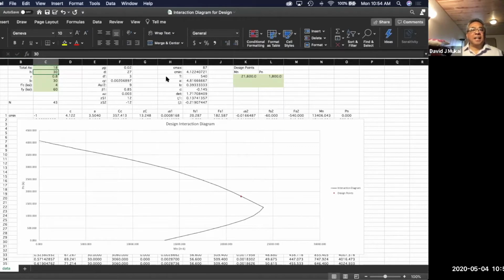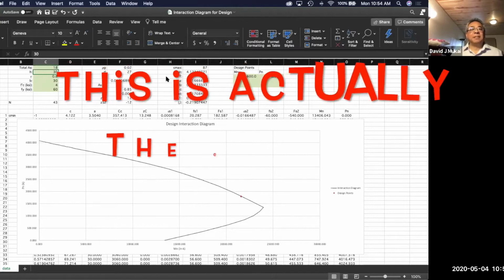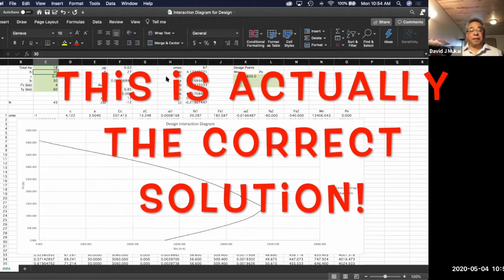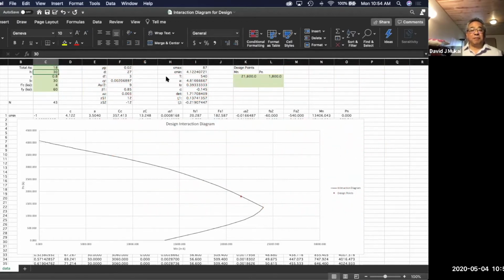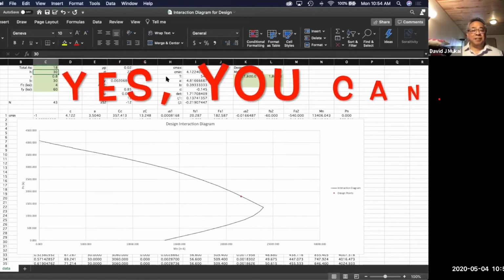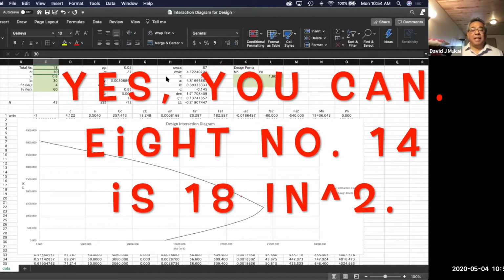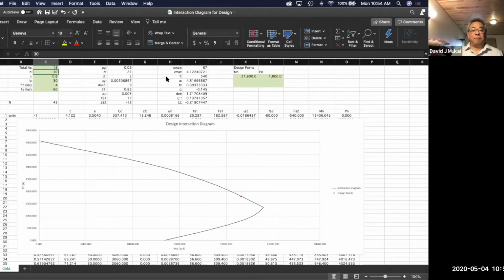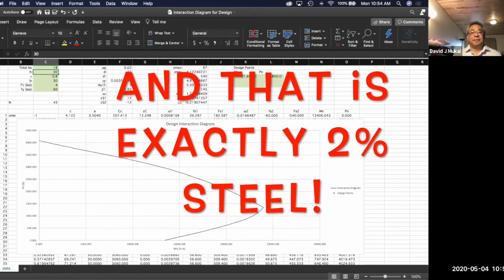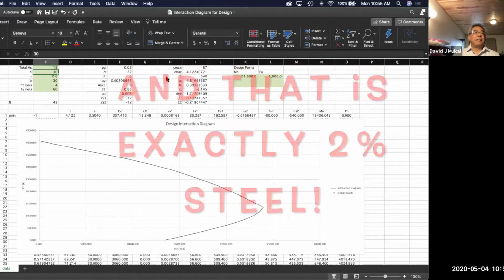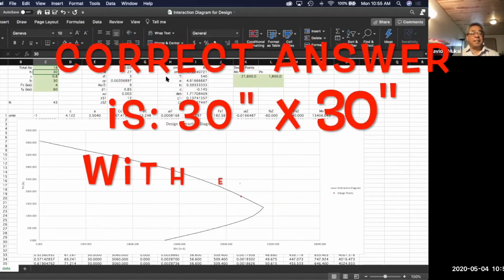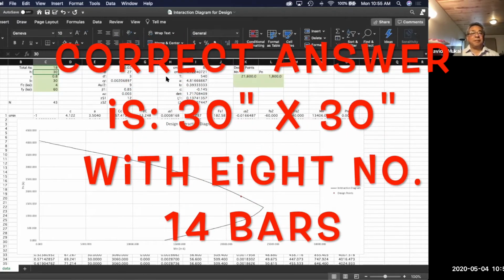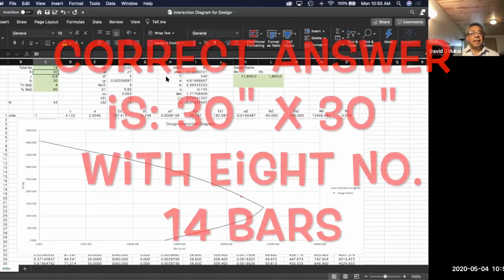Oh, look at that. If you could get 18 square inches of steel, that'd be perfect. So 30 by 30 with 18 square inches is perfect. That would work. I don't know if you can find 18 square inches of steel off the chart, but there you go.